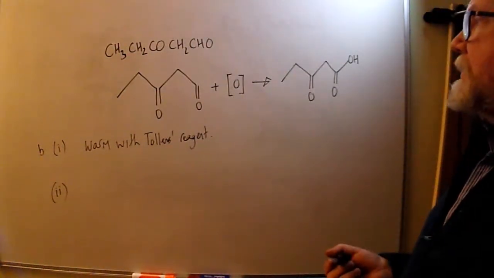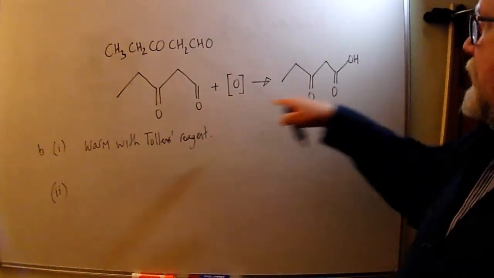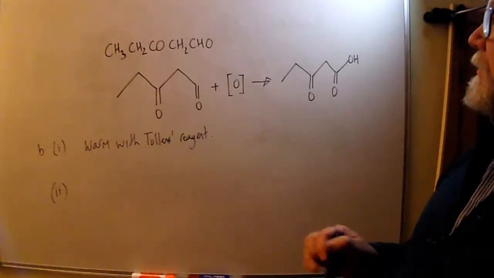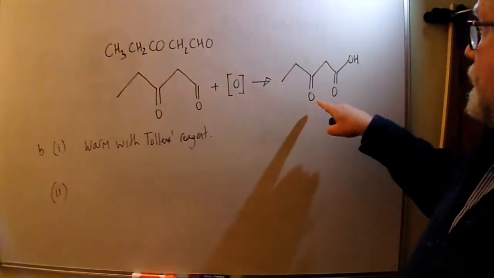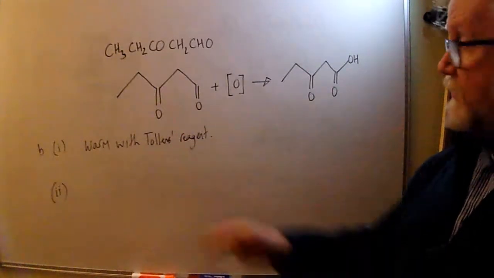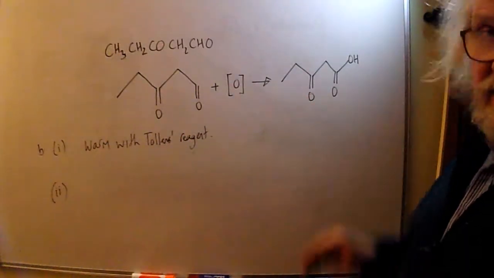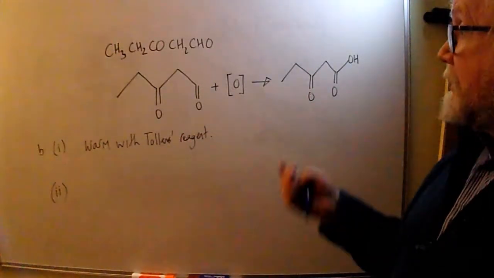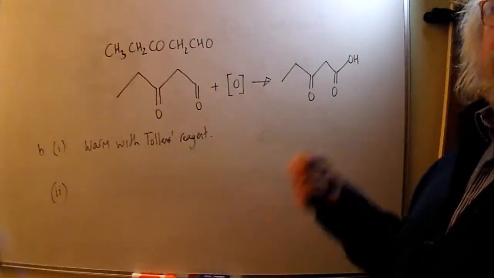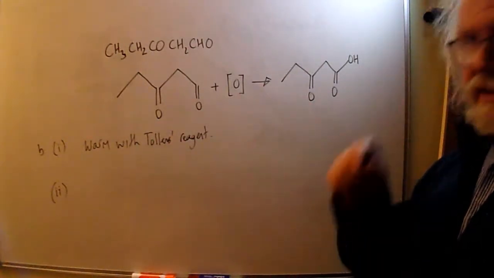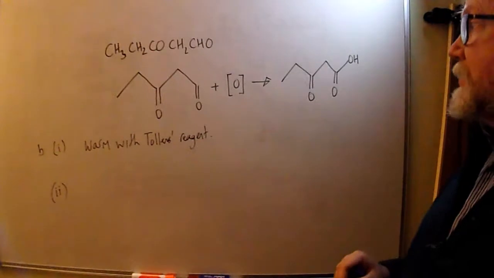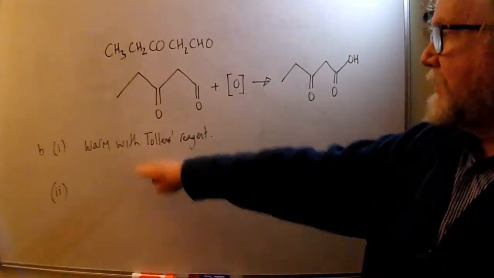So the way you get round that is you say, right, do this reaction first. Either oxidize it with dichromate or with Tollens reagent, because remember that does the same thing, turns it to a carboxylic acid. So do that first and then test it with 2,4-DNPH, because we already know it has an aldehyde because we've done this test.